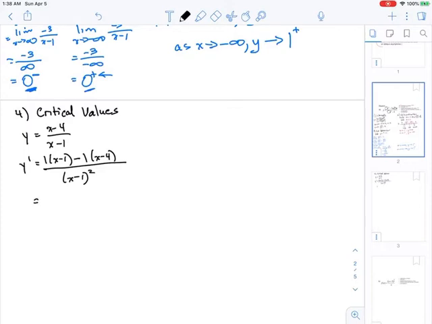That's x minus x is no x's, minus 1 plus 4 is equal to 3 over x minus 1 squared. Okay, so y prime equals 0? Never. Because the numerator is 3, which is never going to be 0, so it's never going to happen. And y prime equals undefined, that would be at x equals 1. However, remember, we have a vertical asymptote there.